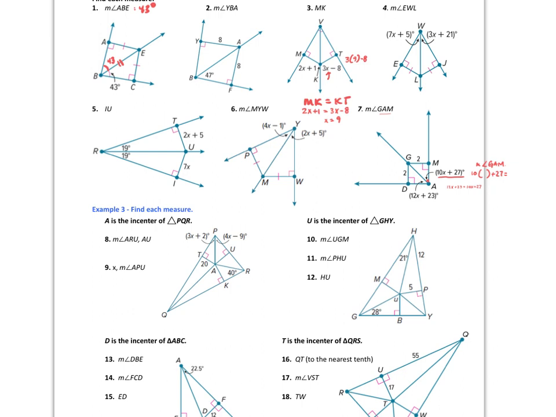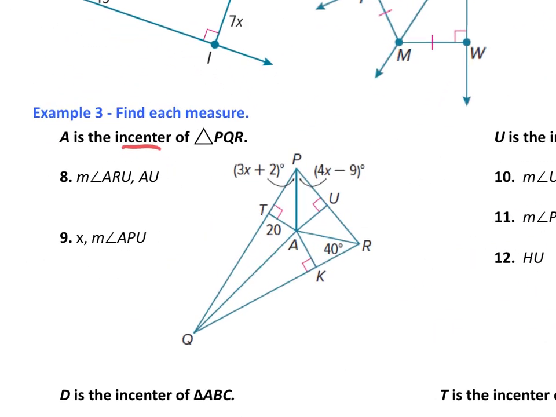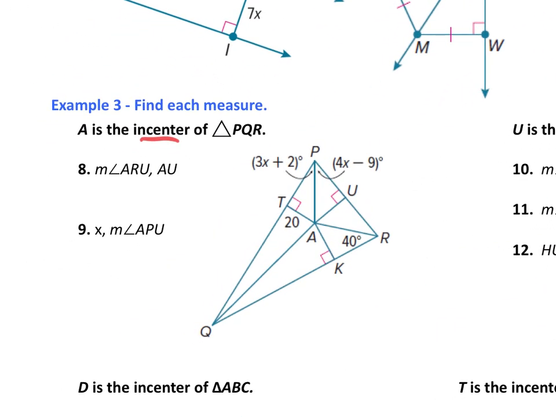And then when we talk about the incenter, it is where all of my angle bisectors meet. Looking at this example, all of my bisectors meet at the incenter of A. So that tells me that this angle is equal to this angle, this angle is equal to this angle, and this angle is equal to this angle.